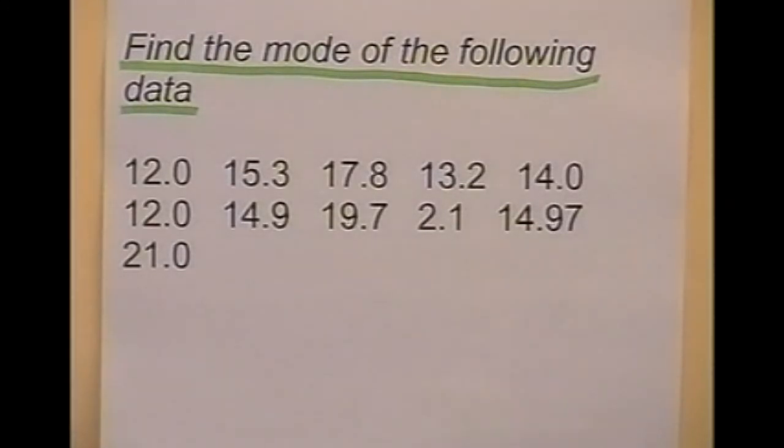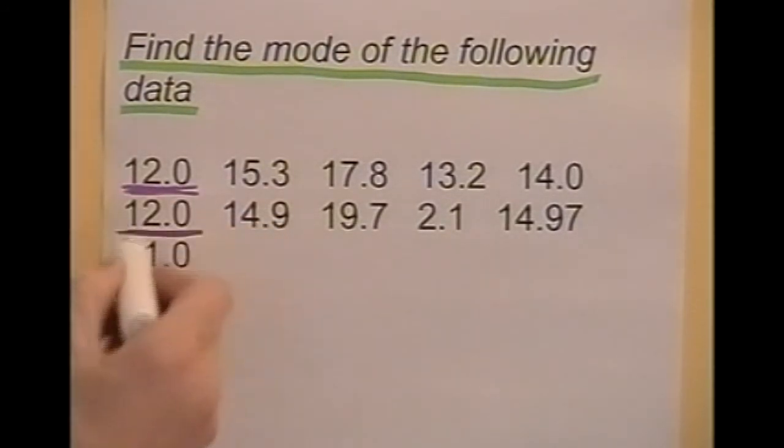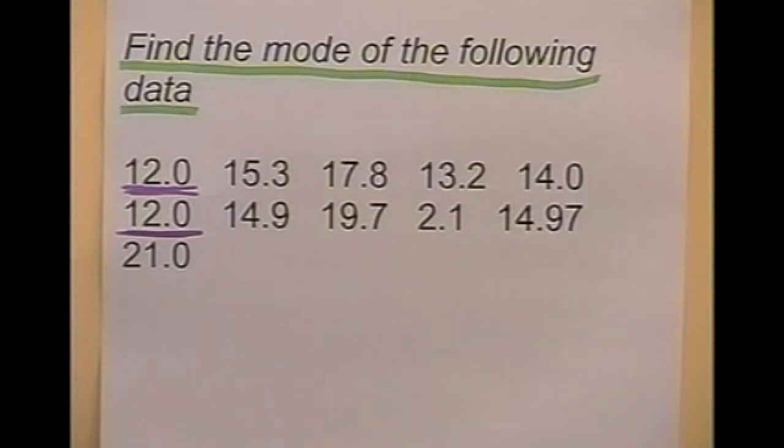Well, looking at that, the only number that occurs more than once is 12. There's a 12.0 there, and there's a 12.0 there. So in this set of data, the result that occurs most often is 12. Therefore, the mode of this set of data is 12.